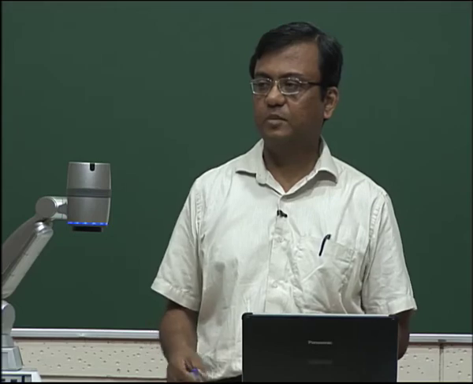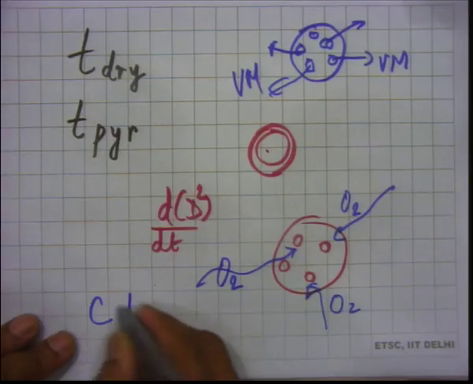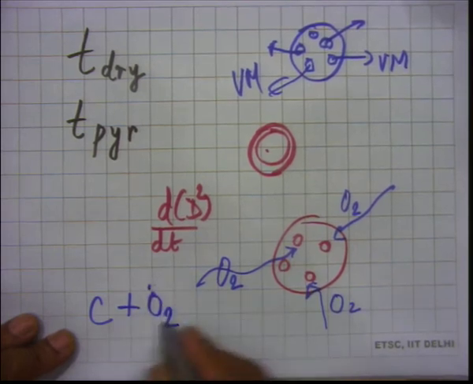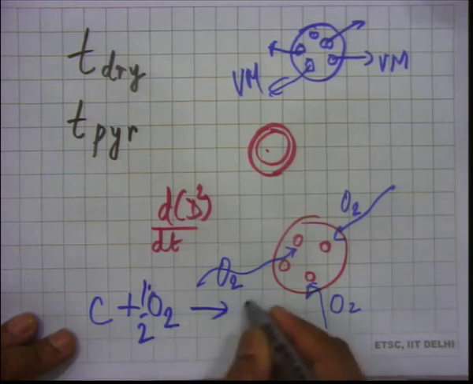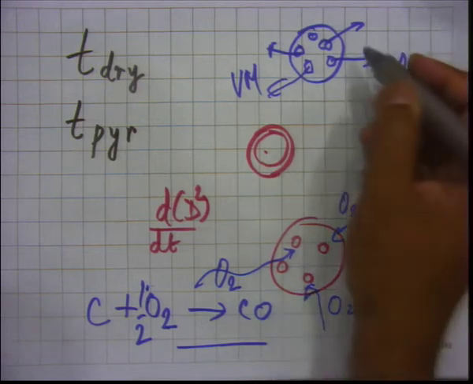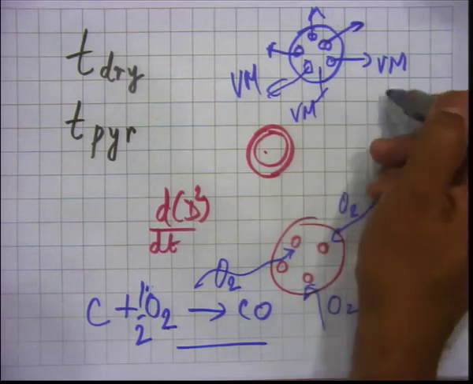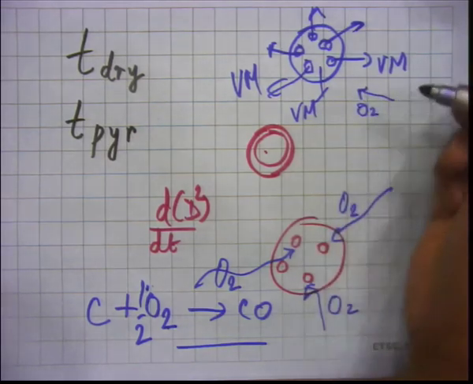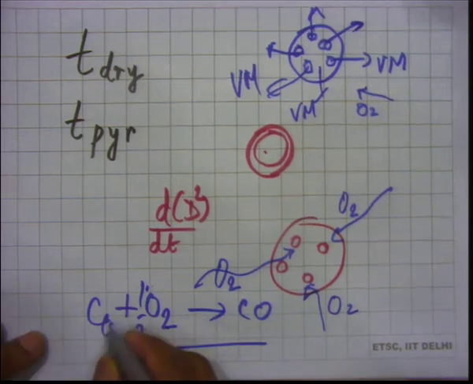If oxygen can come into the particle and attack the carbon of the char, then you can get a C plus O2 reaction. So maybe C plus half O2 will give you CO. That is char oxidation. So oxygen has to reach now. In fact, when a lot of volatile matter is coming out, it's a little difficult for oxygen to go and attack the solid. Here, this carbon is solid.